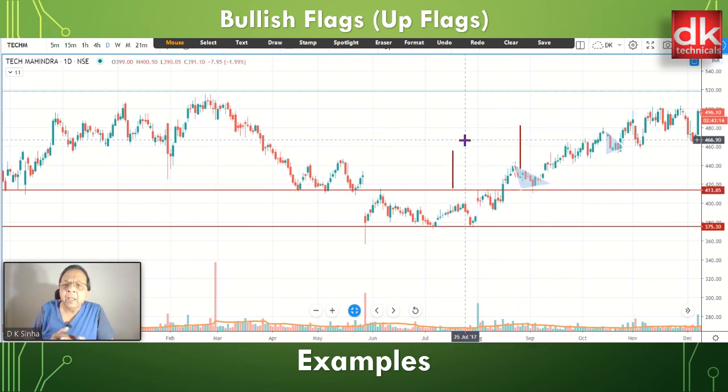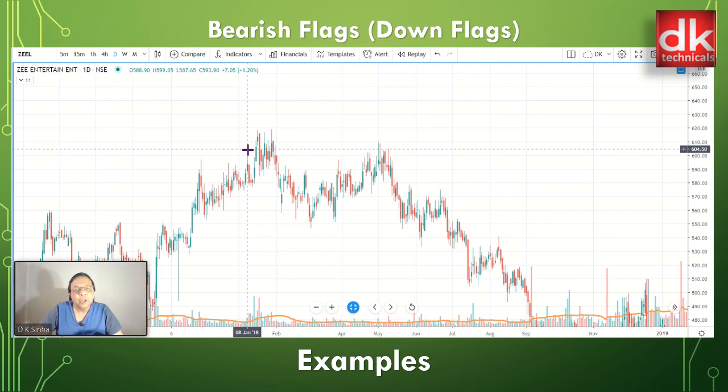Then it gave an opportunity for trading on the long side on the basis of a reversal chart pattern, and a number of times on the long side on a continuation chart pattern on the basis of bullish flag formation or up flag formation.